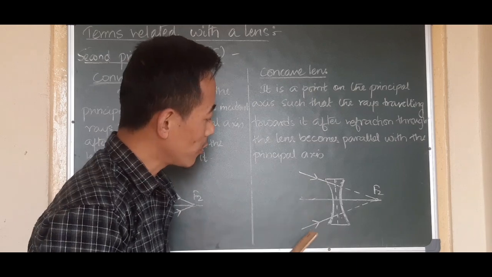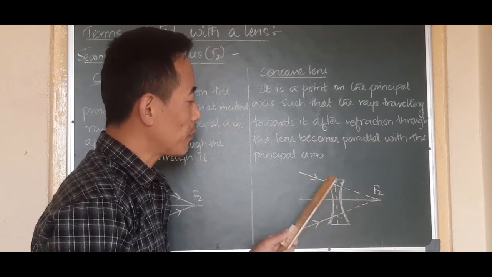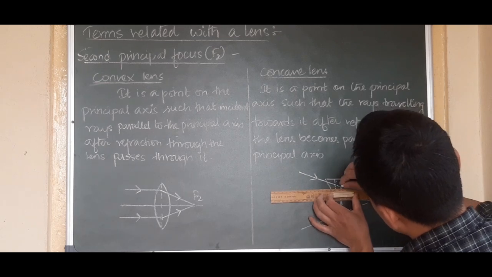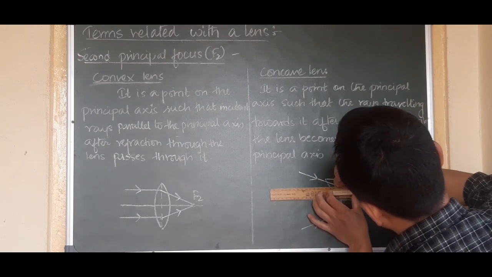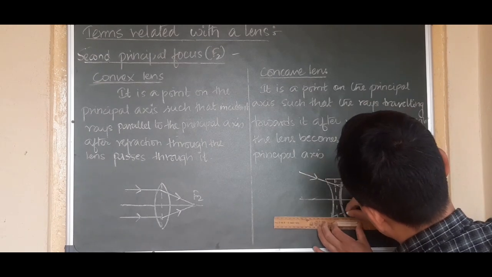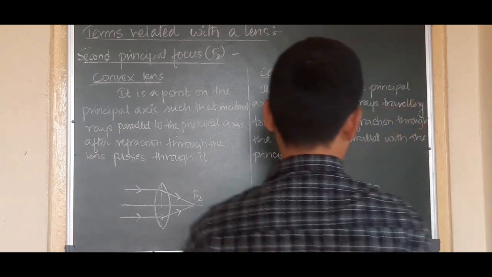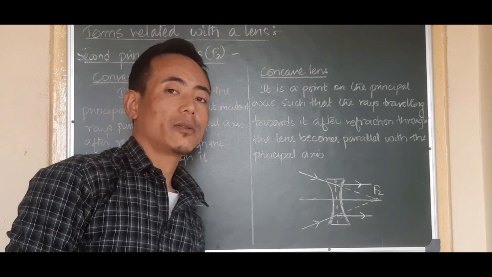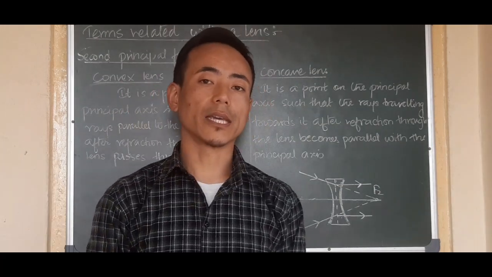These incident rays are going towards the point F2, and after refraction these rays will become parallel with the principal axis like this. So this point F2 is called the second principal focus for a concave lens.